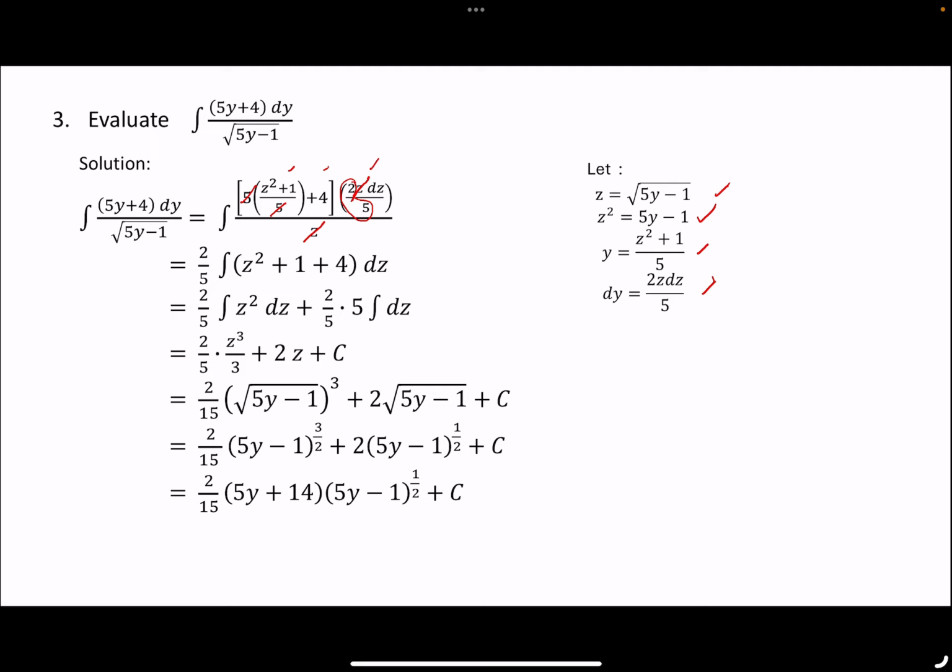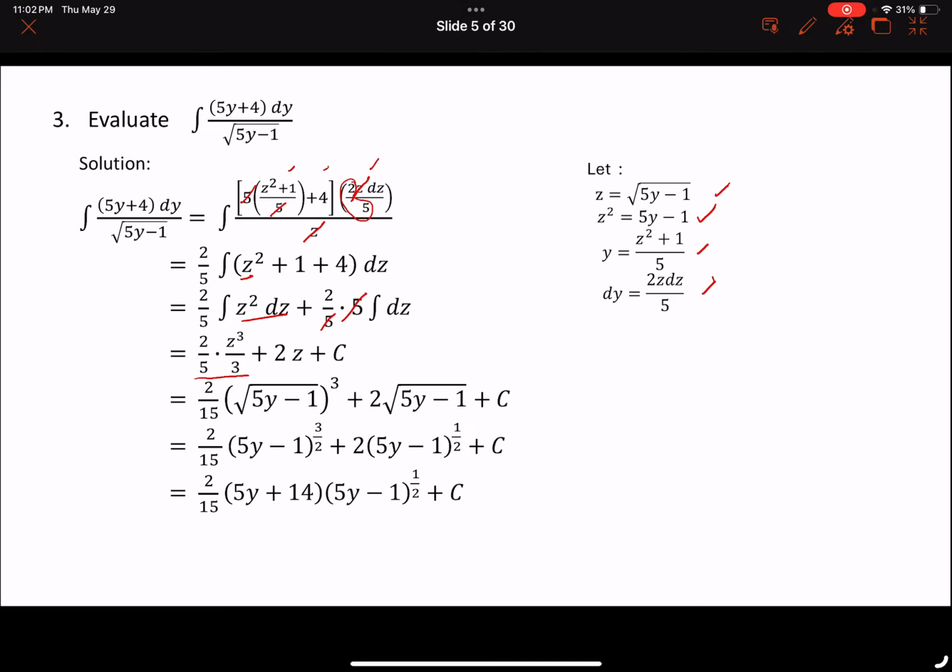So we have z squared plus 5 dz. Factoring out 2 over 5, we have the integral of z squared dz, which is z cubed over 3. And then we have 2 over 5 times 5, which is 2. The integral of dz would be z. So we now have 2z plus c.